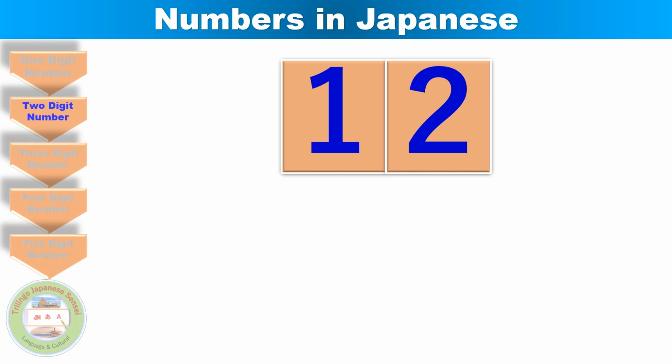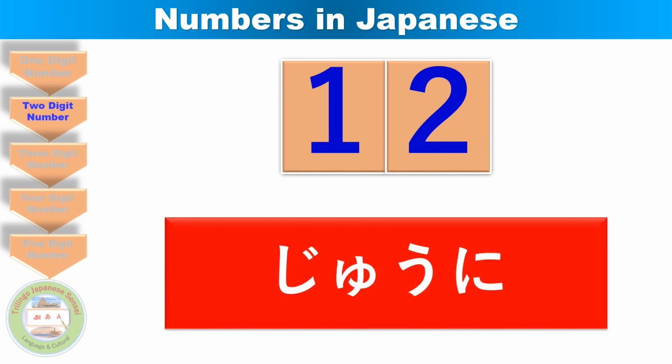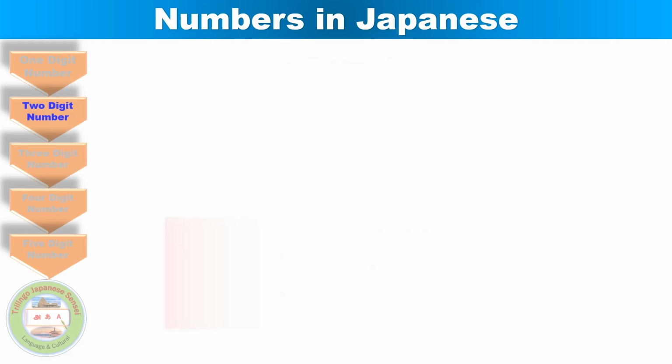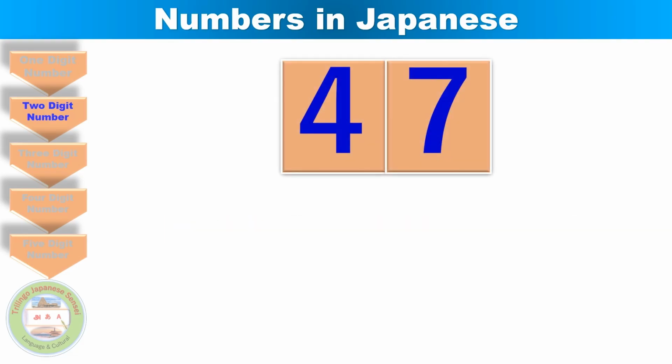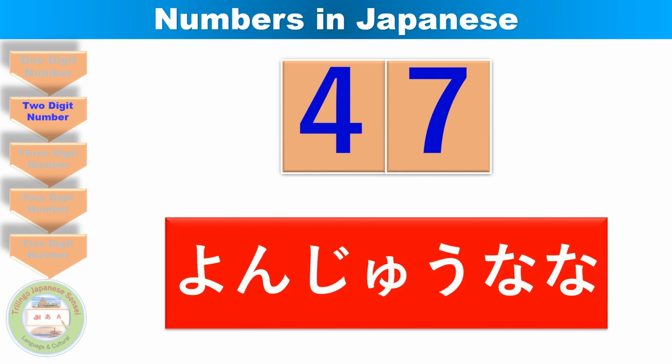Ju means 10, ni means 2. Ju ni means 12. The second quiz, number 47. 4 tens, 40, which means yonju. 7 means nana. So, yonju nana means 47.